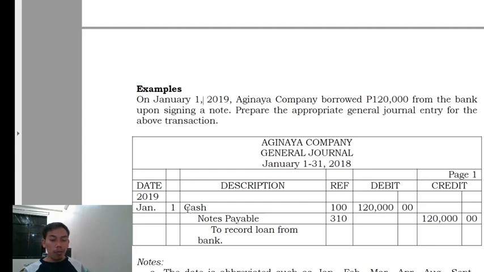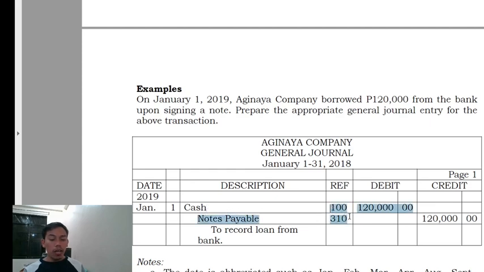So since this transaction happened on January 1, ano ang natanggap ng business? Cash. Kasi increase in asset, debit siya. So this is the debit account name. Ano ang inutang niya? 120,000 daw sa bangko. Kapag tumaas ang utang, debit or credit? Credit. So, notes payable. So, yun. May debit tayo na cash, credit, notes payable.